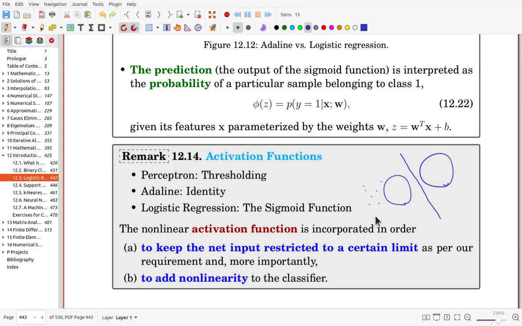By using this activation, you can stabilize the convergence of the iteration. So it is really beneficial. Adding nonlinearity is a really positive point when you choose really good activation functions.